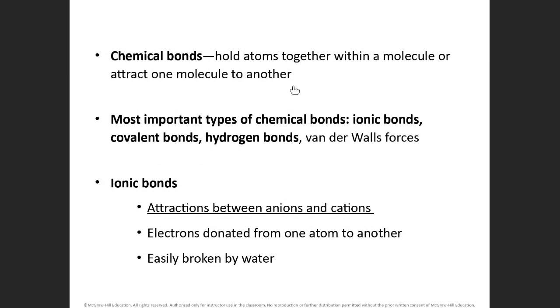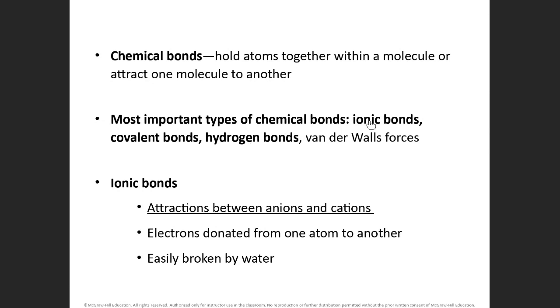Chemical bonds. A chemical bond involves an attraction between one molecule and another. We're going to talk just a little bit about chemical bonds, and I don't want to go into too much detail. Some of the most important types of chemical bonds, if you've taken chemistry, which all of you have had some exposure to, should sound familiar: ionic bonds, covalent bonds, hydrogen bonds, van der Waals forces.